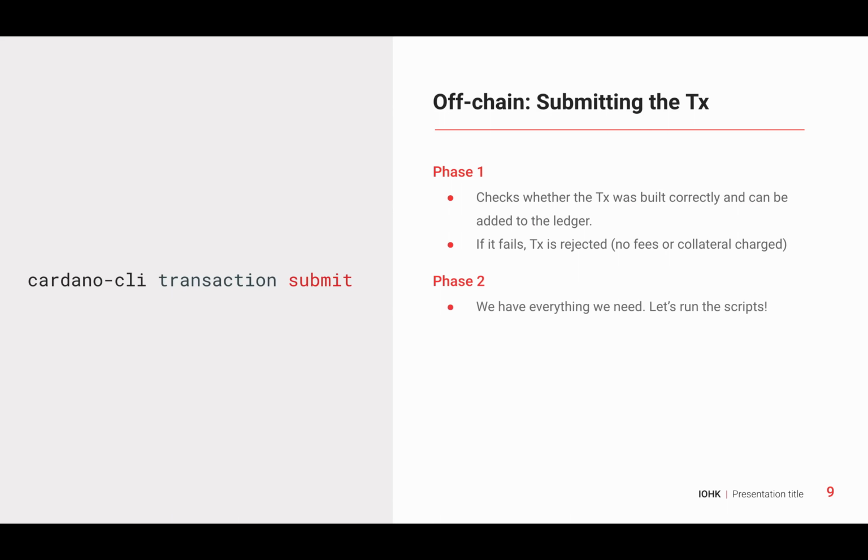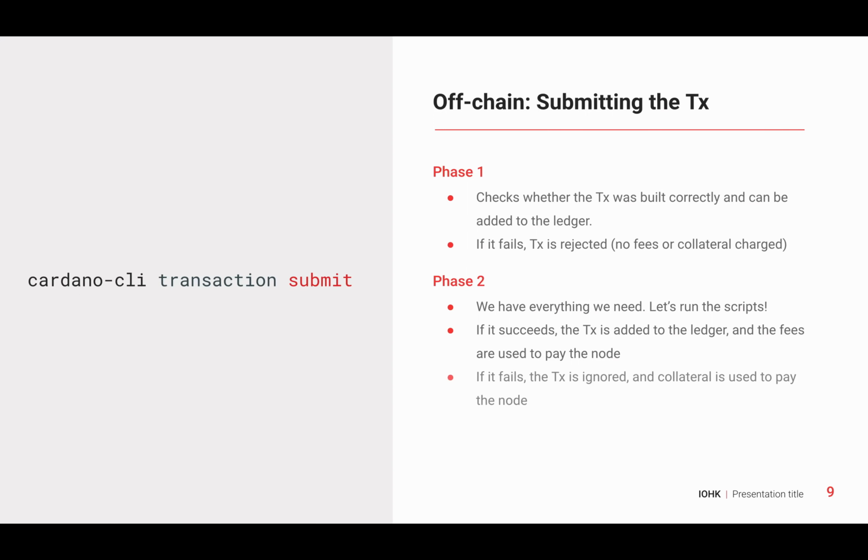In the second phase, the node runs all the scripts included in the transaction. In today's examples, we have only one, but we could need to run several scripts in a single transaction. If the scripts validate all of the transaction's actions, the node will add the transaction to the ledger and collect the fees.